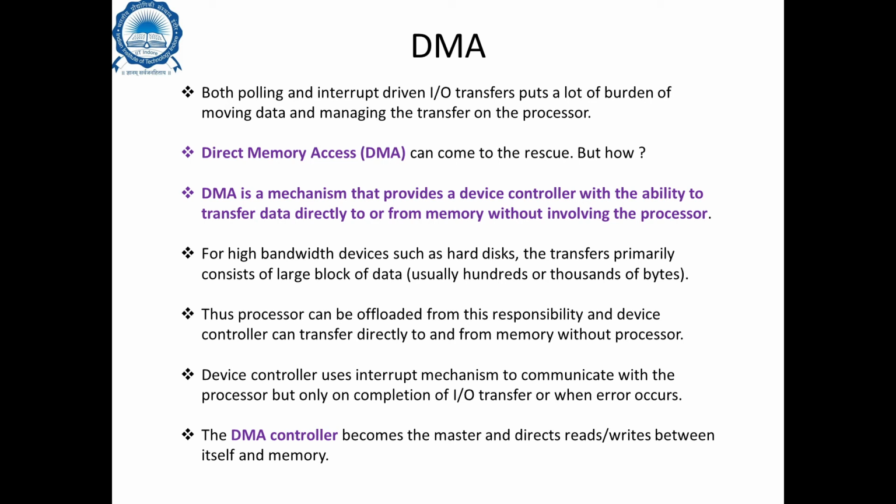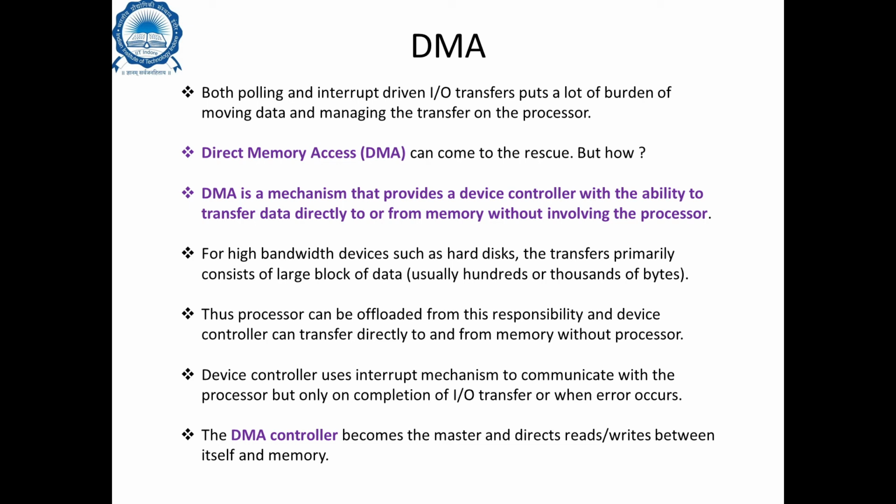However, with DMA, the processor can be offloaded from this responsibility, and the device controller can transfer directly to and from memory. I'm saying not completely without the processor, because the processor has some role to play, which I'll cover in the next slide. But as of now, just keep in mind that the processor has minimal intervention in this entire process.